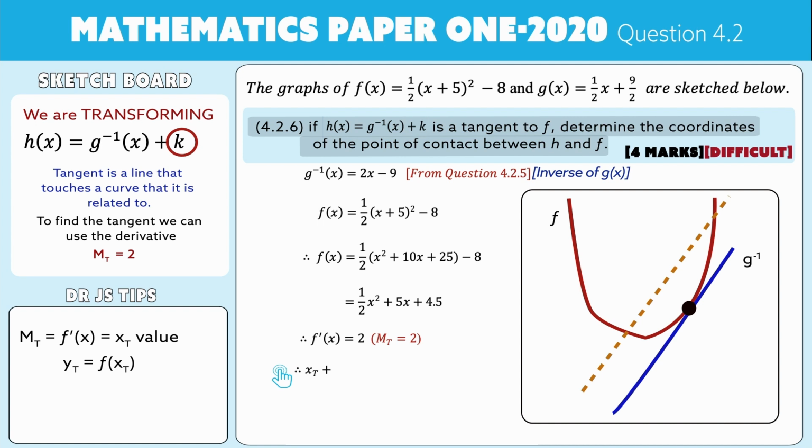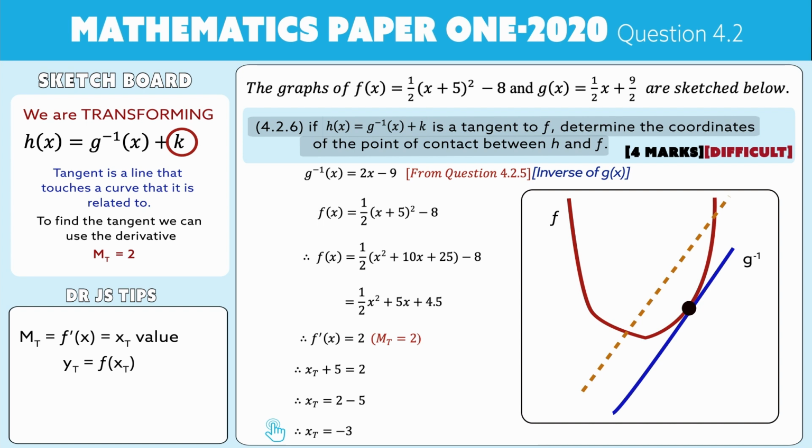The 2 comes down, takes care of the half, plus 5, and that is equal to 2. So this is the x value where they will touch. We can say the x coordinate where they will touch is 2 minus 5, and that gives me minus 3. The x value where they touch each other.